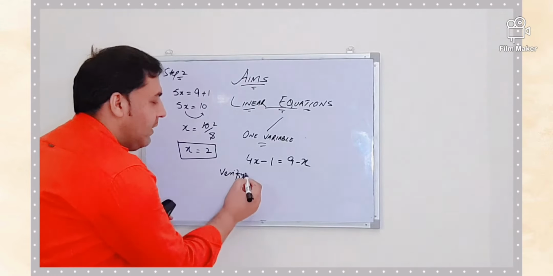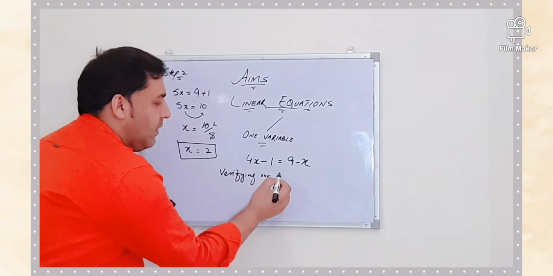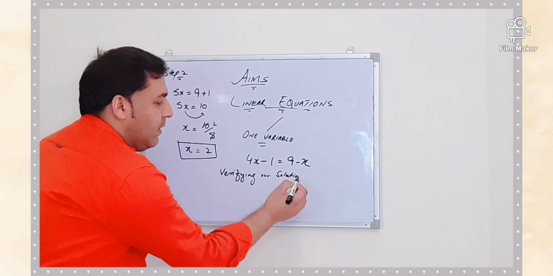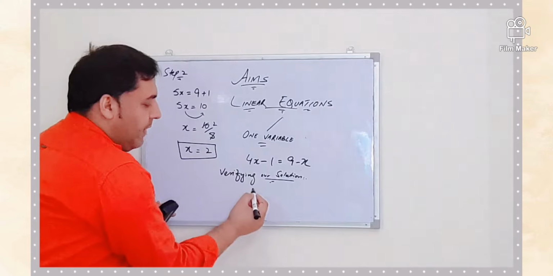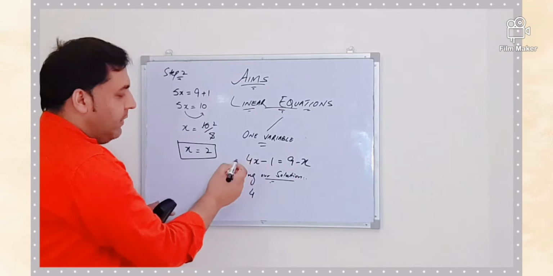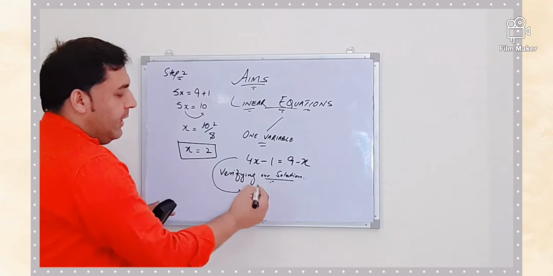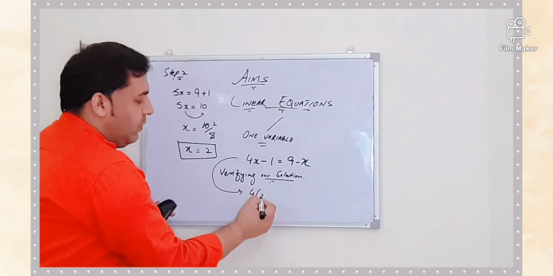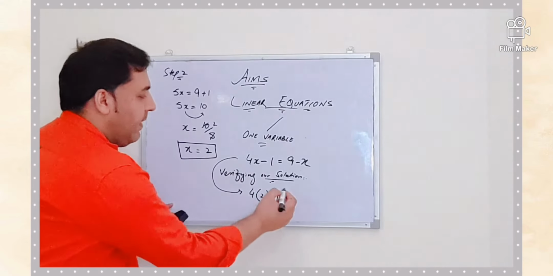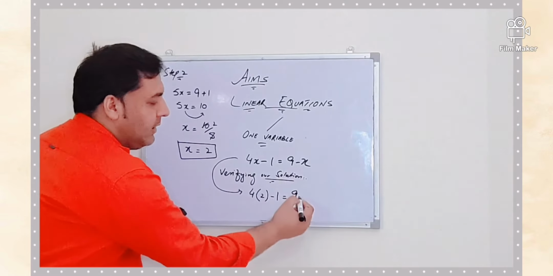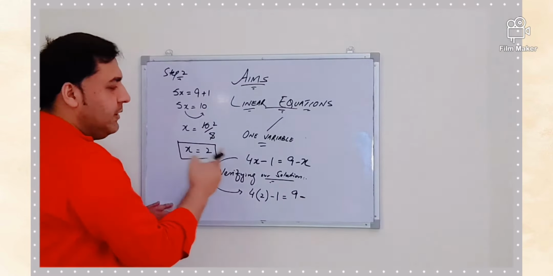Verifying our answer. If we put the value of x, this equation will become 4 into 2 minus 1 equal to 9 minus 2, as the value of x is 2.